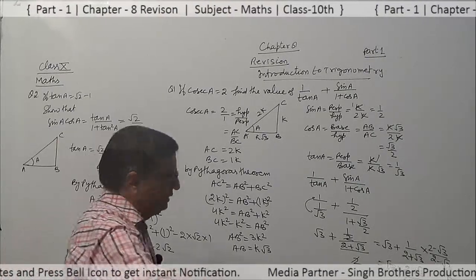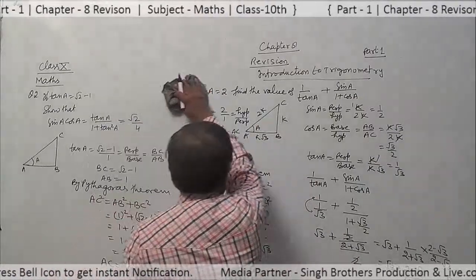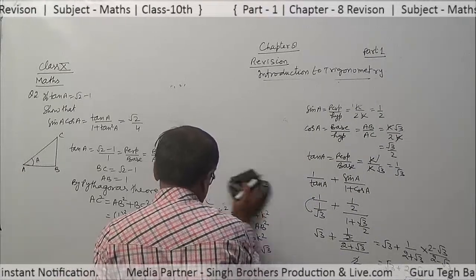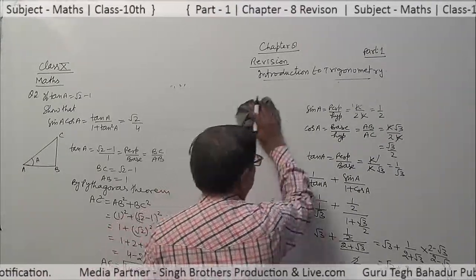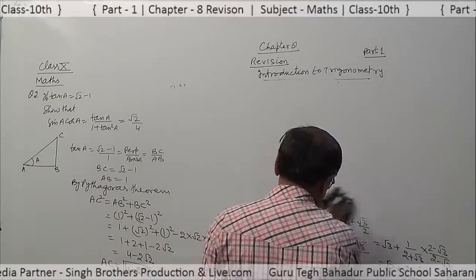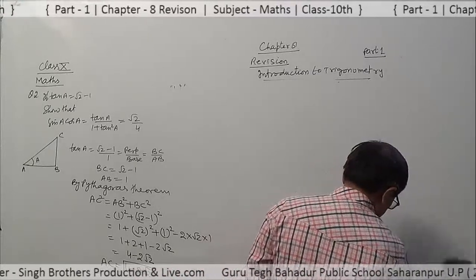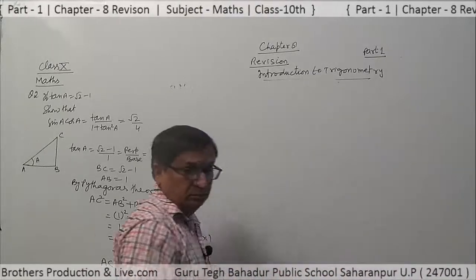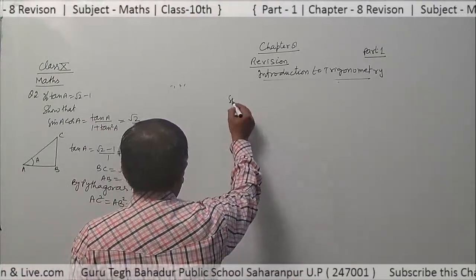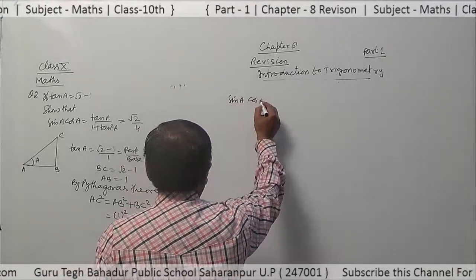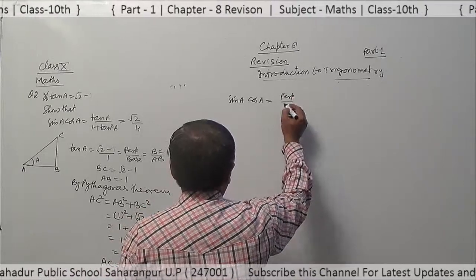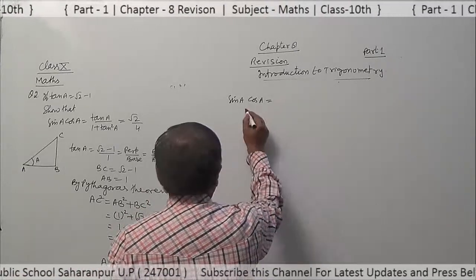Next, sin A cos A. Sin A is perpendicular upon hypotenuse.